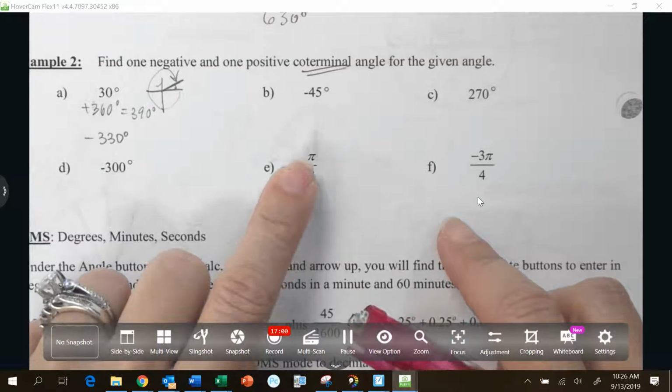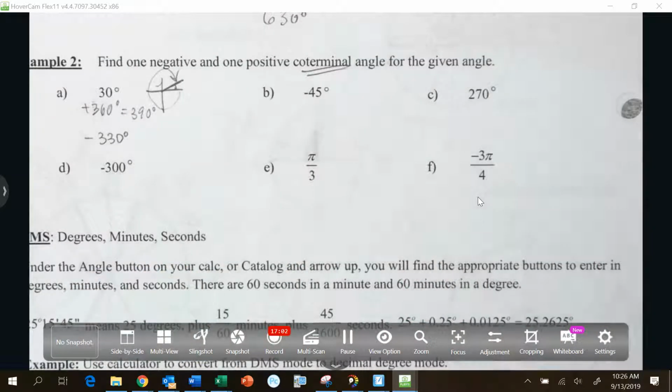When you look at this pi over 3, is it degrees? What is it then? How do you know it's not degrees? The answer is no, because there's pi in it. Thank you, Prab.